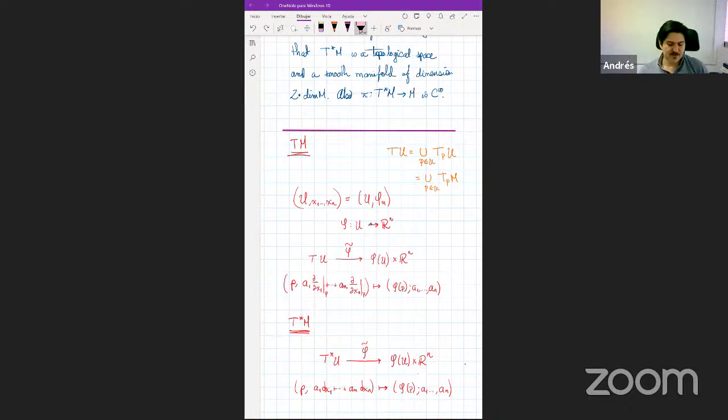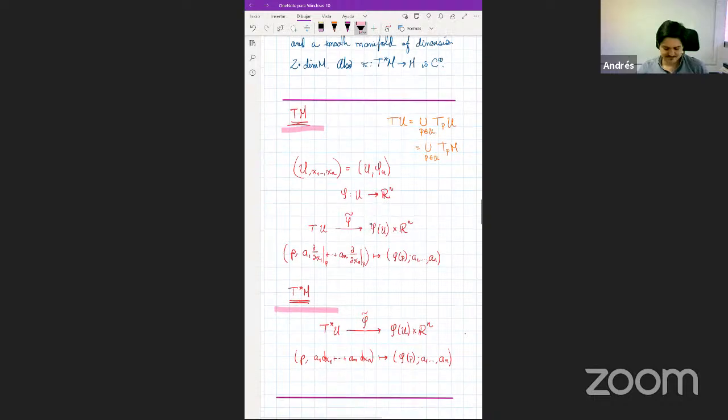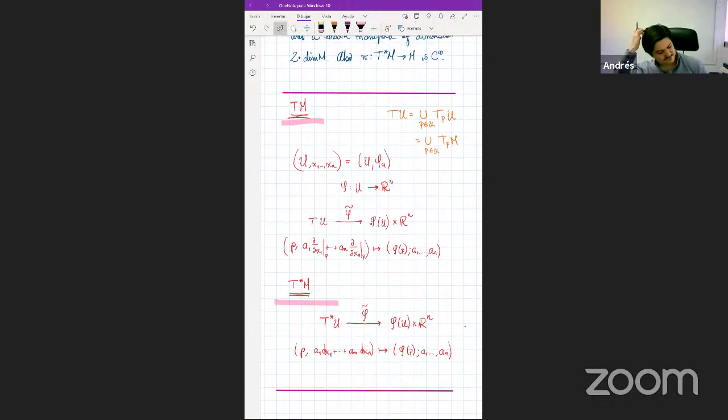So that's how we constructed this, the same argument to construct the cotangent bundle. Right. Any questions?